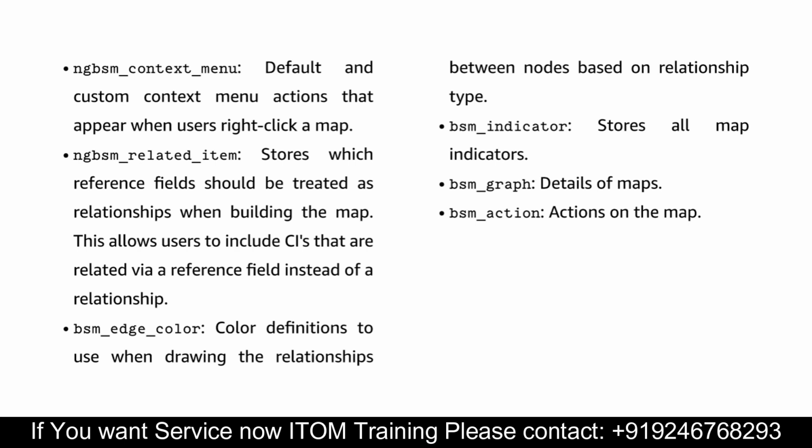And NGBSM related item is also there. The related item information is stored there, which stores which reference field should be treated as a relationship when building the map. This allows users to include the CIs that are related via a reference field instead of a relationship. So what is the meaning of this?